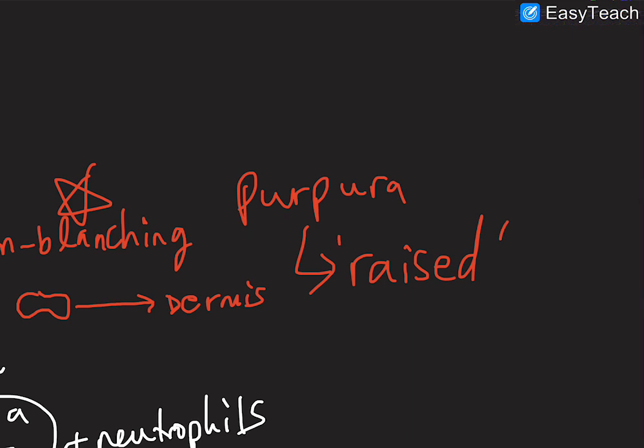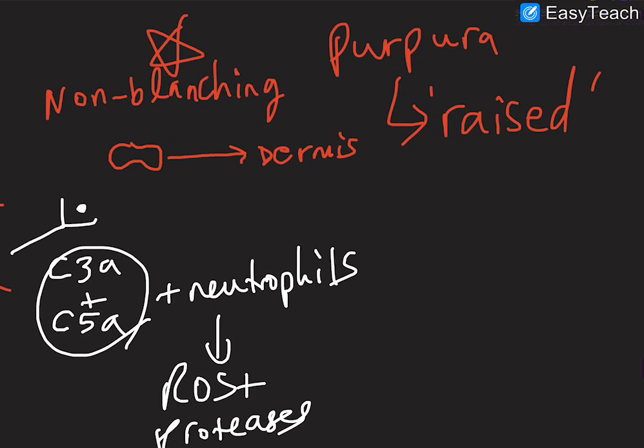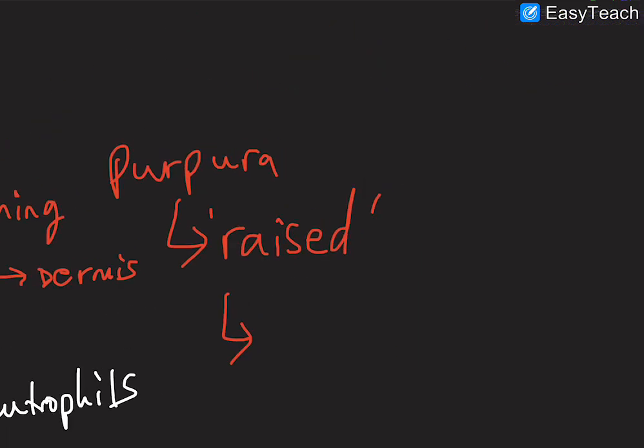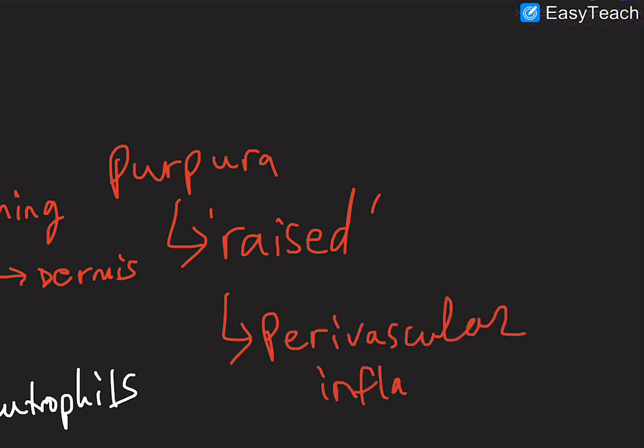Okay. Now, why is it raised? Because this purpura is due to vasculitis, right? So you have perivascular inflammation, right? Due to the what? Immune complexes. So you have perivascular inflammation due to the immune complexes, and due to the vasculitis, right?